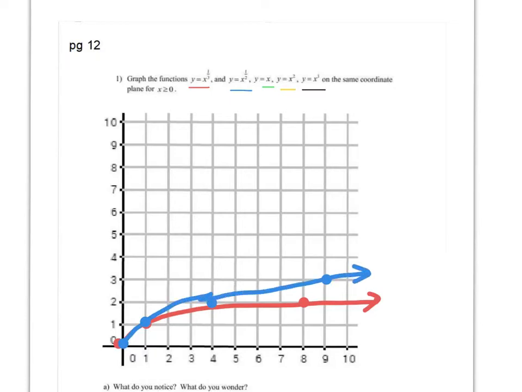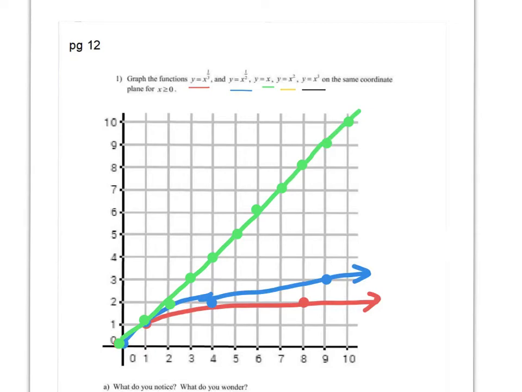And then let's do x: 0, 0, 1, 1, 2, 2, 3, 3, 4, 4. Let me get this straight line.